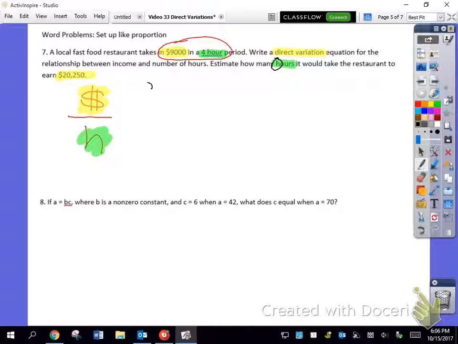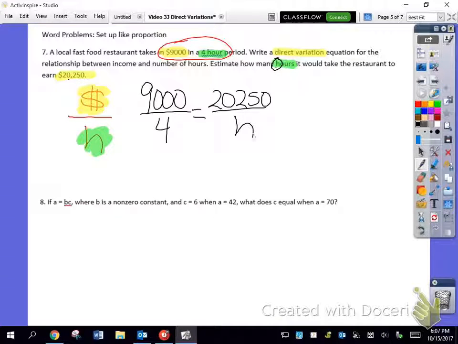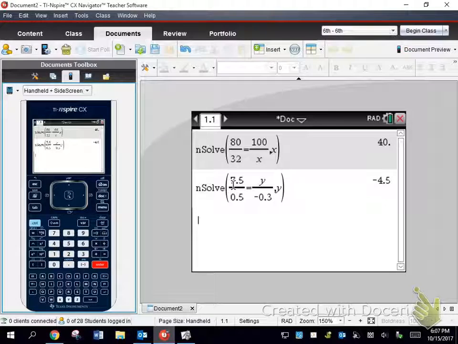So I'm going to use H, okay? So 9,000 over 4, and then that equals 20,250 goes on the top. You do not need to put your comma, over use H. Now, I'm going to do the menu 3, 1, okay? So you're going to go menu 3, 1, and I have to put comma H, because that's what I'm solving for. Now, this will be the last time I do this on the calculator.